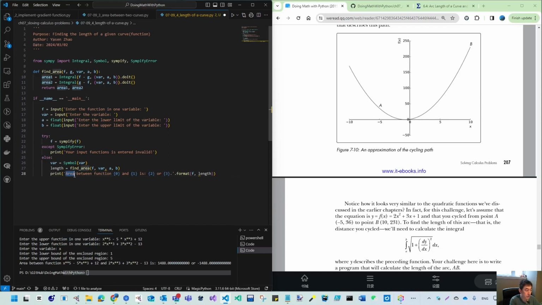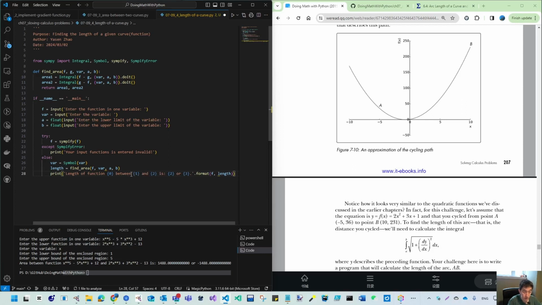Length between. So we can see here is length between. Length of function. So first let's output the function between a and b.